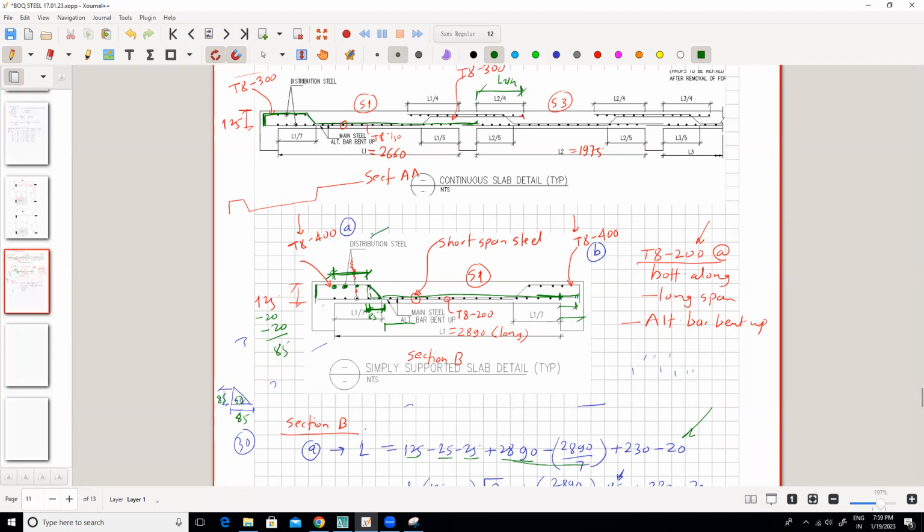So tell me what is the length of this bar? ये वाला, ये कितना आएगा लेंथ इसका? ये डिस्ट्रीब्यूशन बार का लेंथ क्या है? It is straight bar.